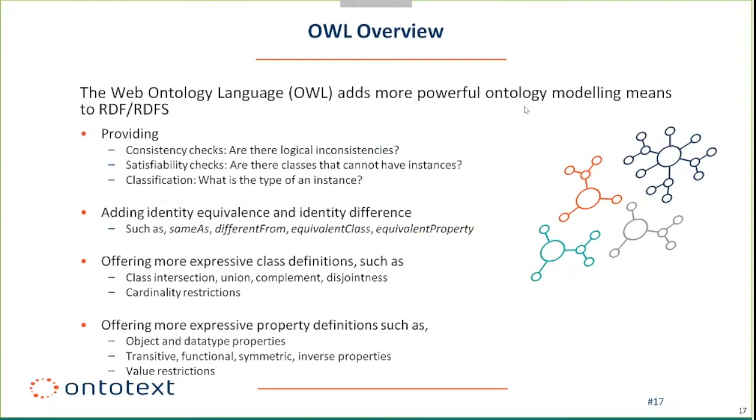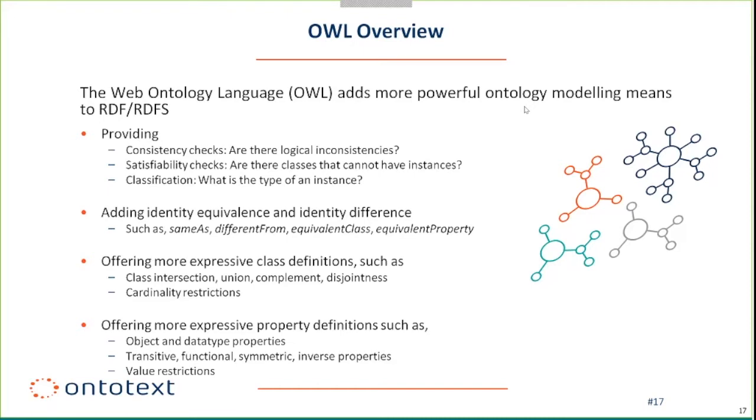It also allows you to figure out what the type of a particular instance is, as we gave you the examples with using the domain and range of a particular property helps you figure out what the classes of the subject and the objects are.